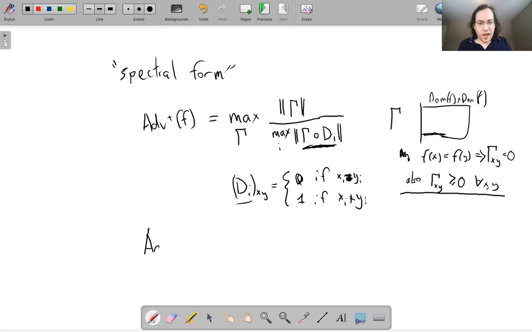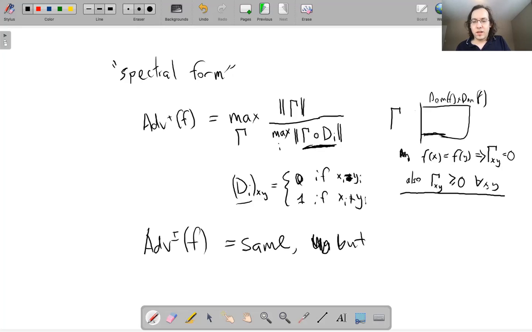The definition of Adv plus minus of f is the same as above, but gamma xy can be negative. Okay, that's why it's called the negative weighted adversary method. Gamma xy can be negative.